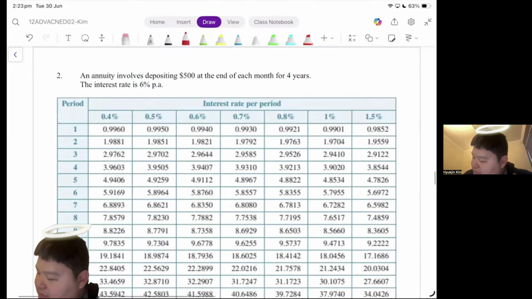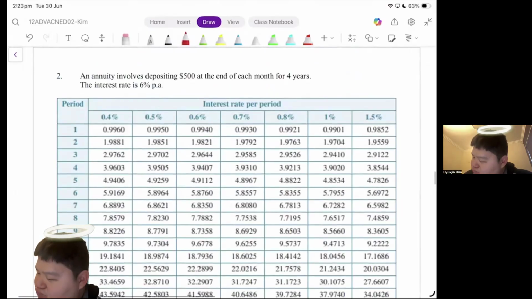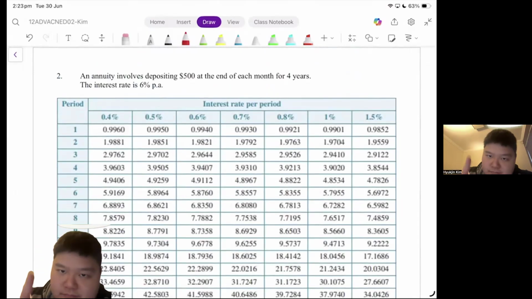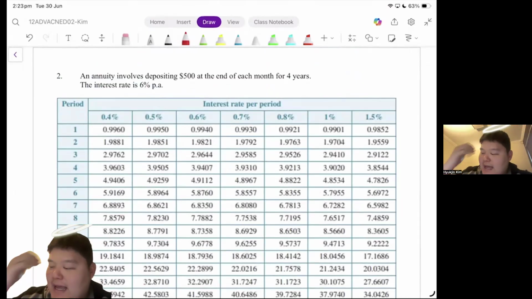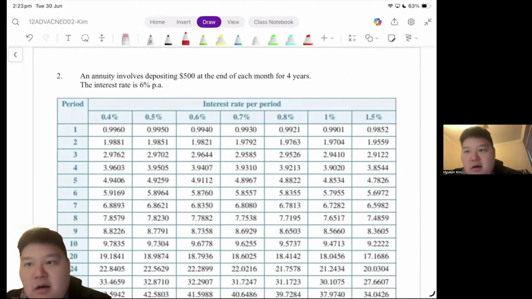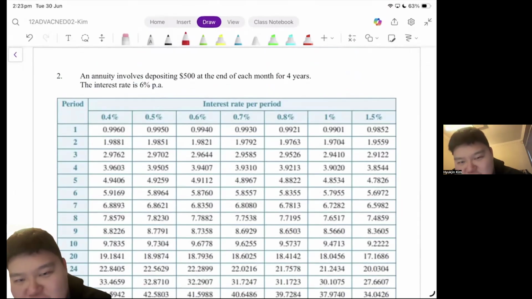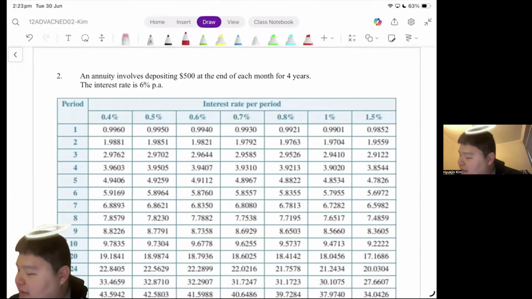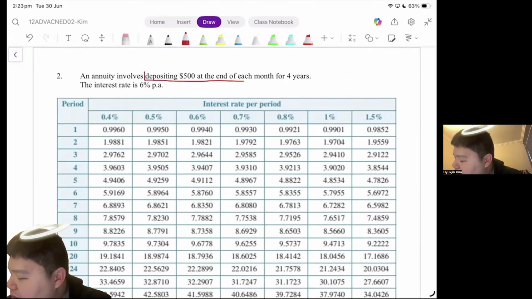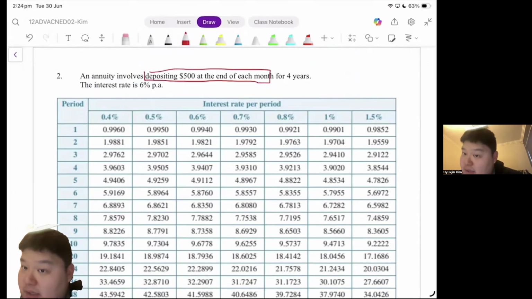Let's say 6% per annum for 4 years. Did the question say how often it compounds? No. But we actually need to determine this on our own, because the deposit occurs every month.